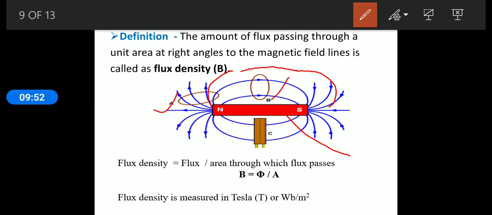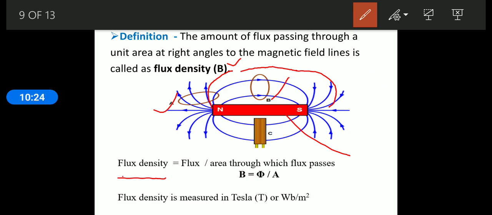That is, magnetic flux density is the flux per unit area. It is denoted by capital B. The flux density is equal to the flux divided by the area through which the flux passes.